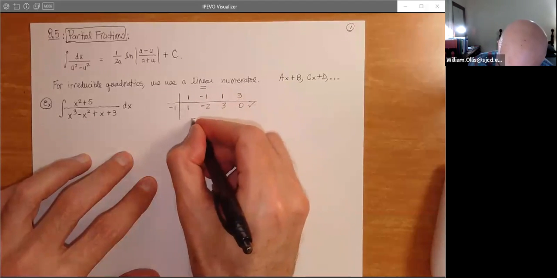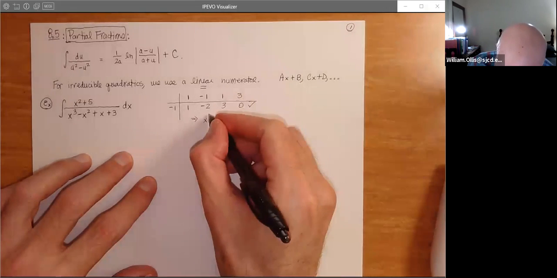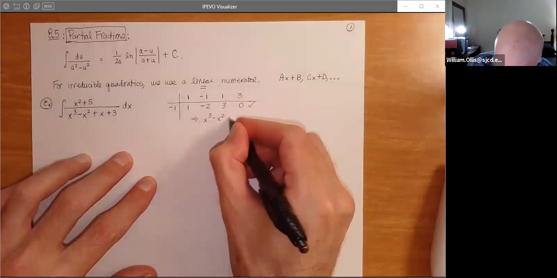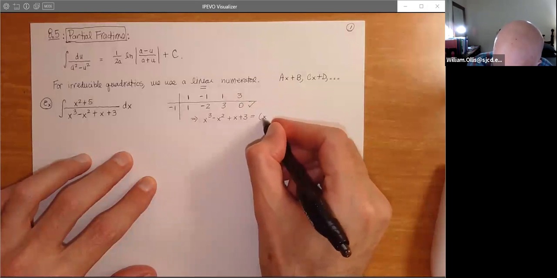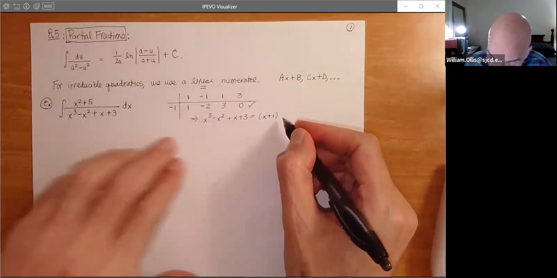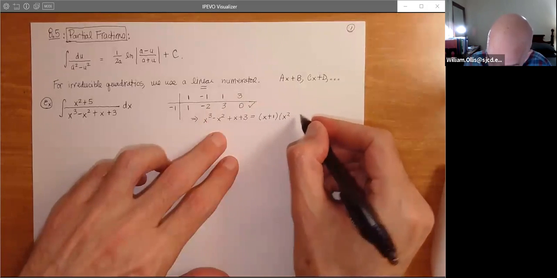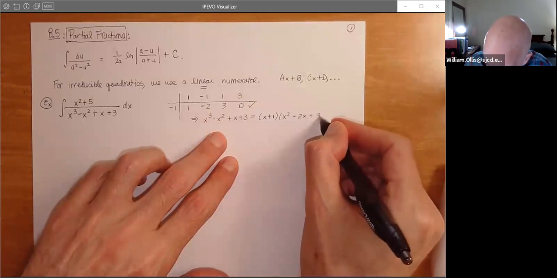So this implies that we have x cubed minus x squared plus x plus 3 is now x plus 1, or x minus the negative 1 here, and then times the reduced polynomial, x squared, which we just read from the coefficients, minus 2x plus a 3.